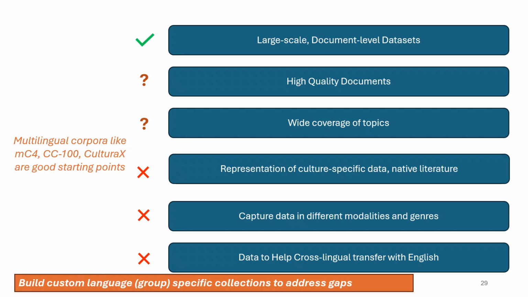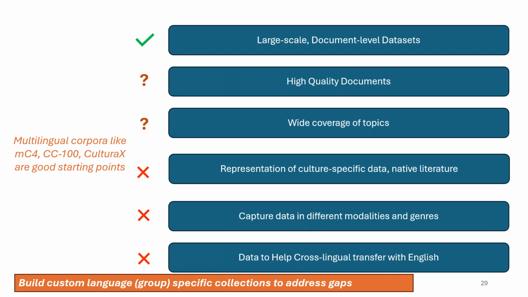Typically we do have a lot of multilingual corpora, popular ones including MC4, CC100, CulturaX, MADLAD, which are good starting points. We should take these corpora for doing our pre-training. These typically contain large-scale document level datasets. But what we don't know about them is the quality of the documents, the coverage of topics, and they might not have culture-specific data.